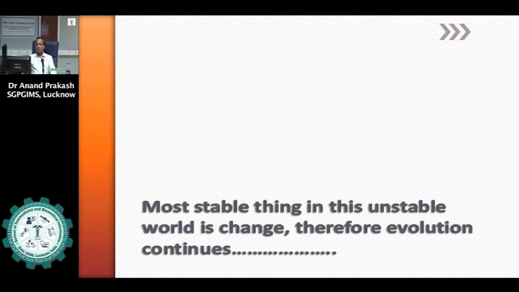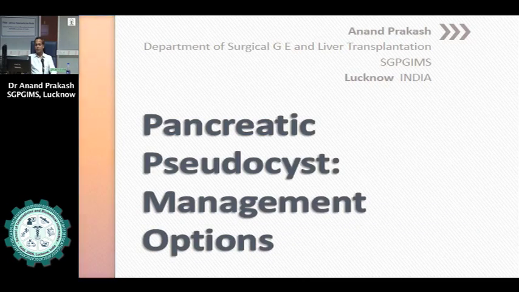So how do we define pancreatic pseudocyst? The Atlanta International Symposia on Acute Pancreatitis defined pancreatic pseudocyst as an amylase-rich fluid collection contained within a fibrotic pseudo-capsule, usually after 4 to 6 weeks following an attack of acute pancreatitis.